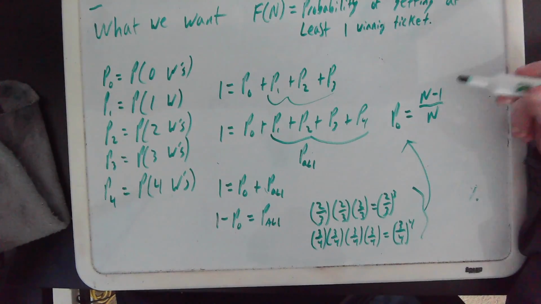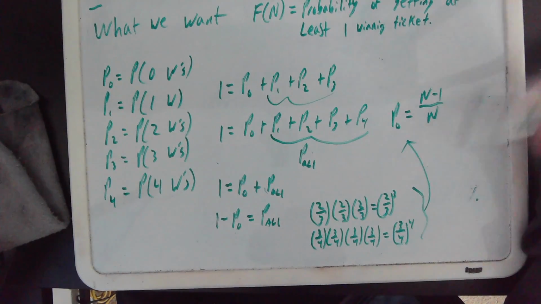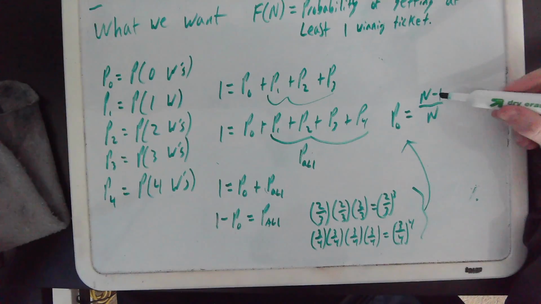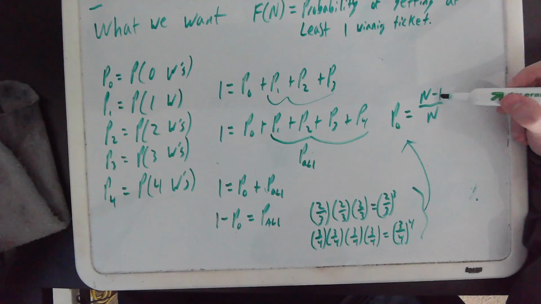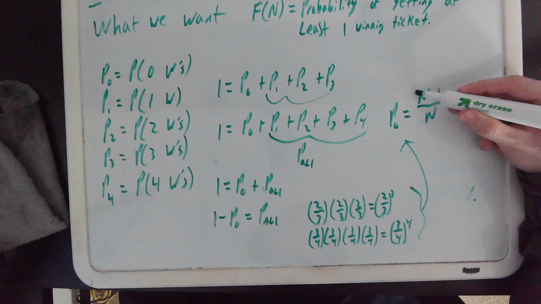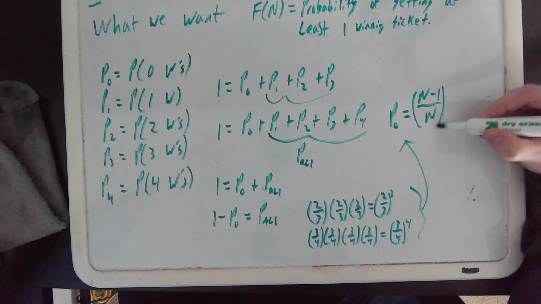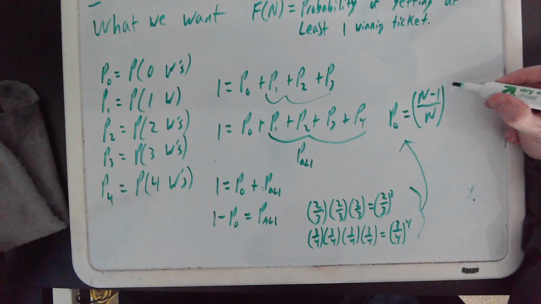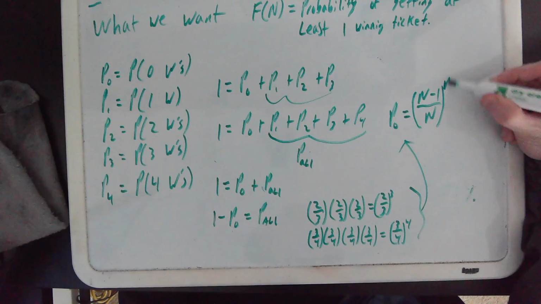So for example, if n equals 10, you have a 1 out of 10 chance of winning. Therefore, the probability of losing would be 10 minus 1, or a 9 out of 10 chance. This is the probability that we get a losing ticket raised to the power of the number of tickets we have. So in this case, just n.